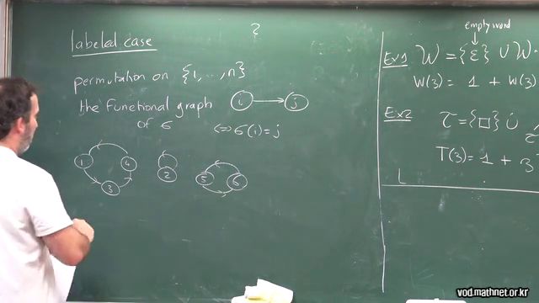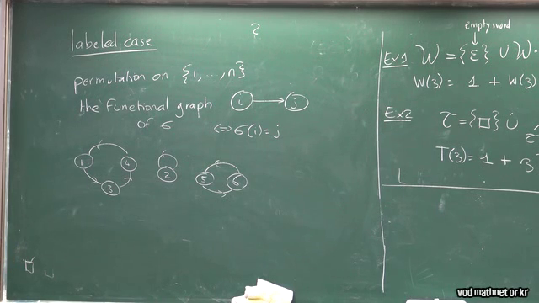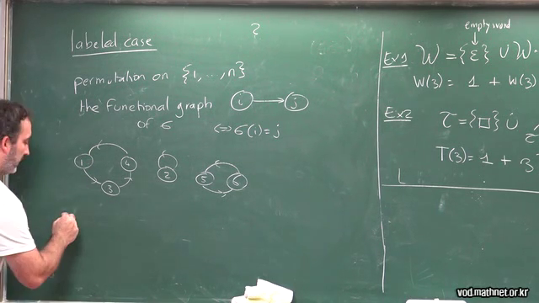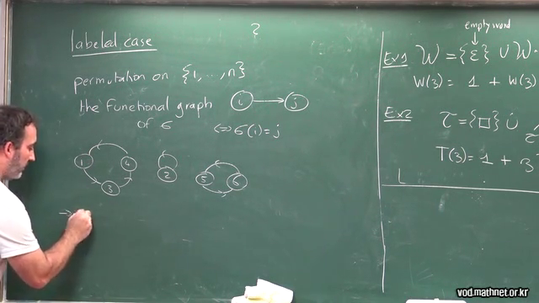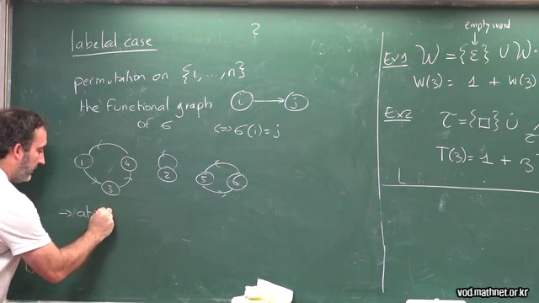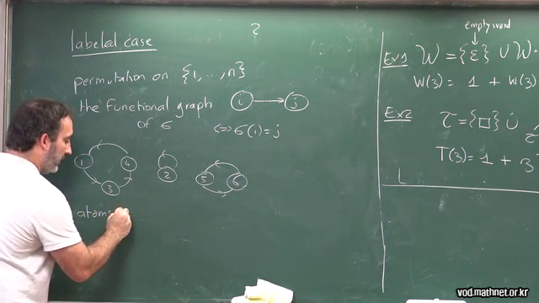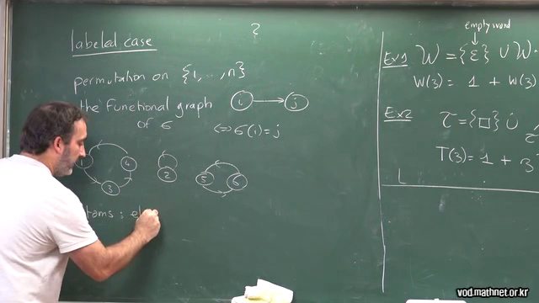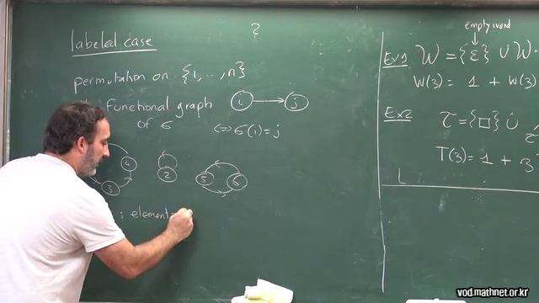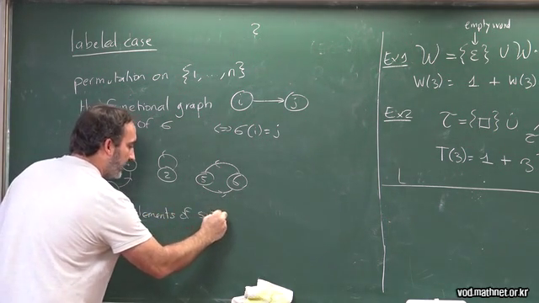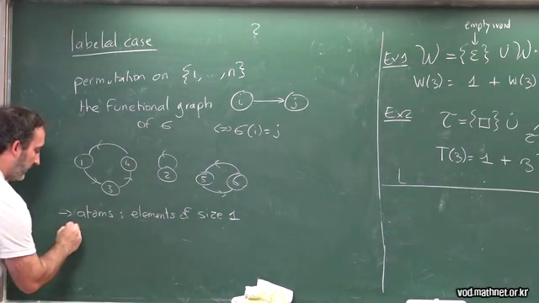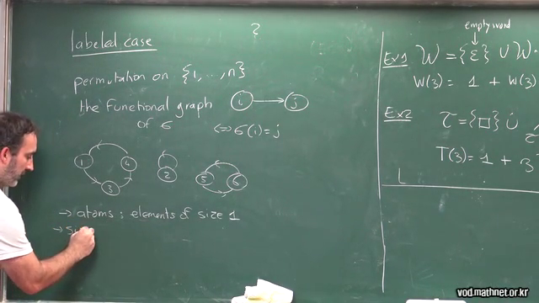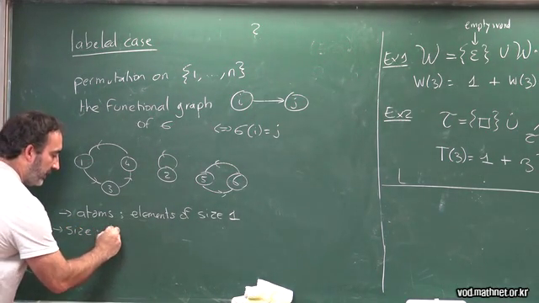So I cannot define everything properly, I don't have the time, but the idea is that you have some atoms which are elements of size 1. The size is the number of atoms.